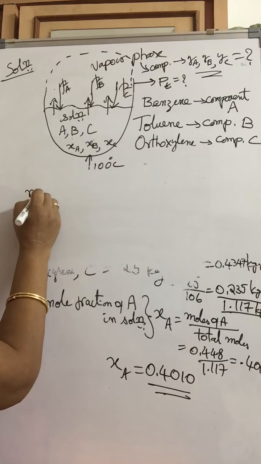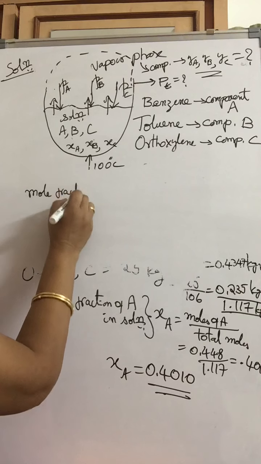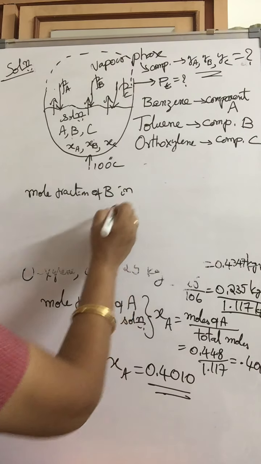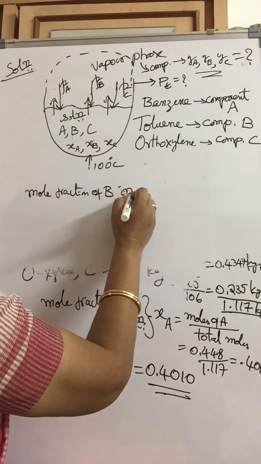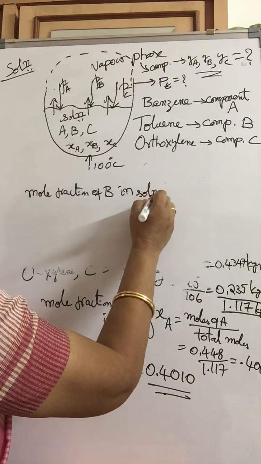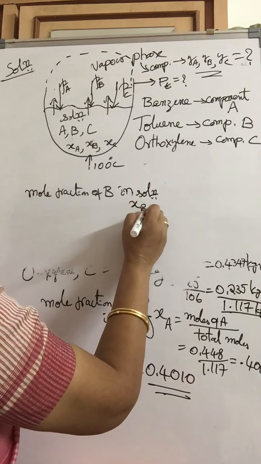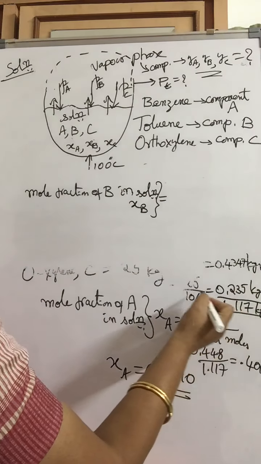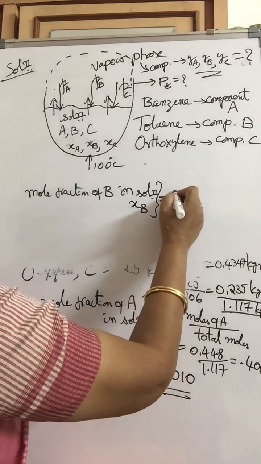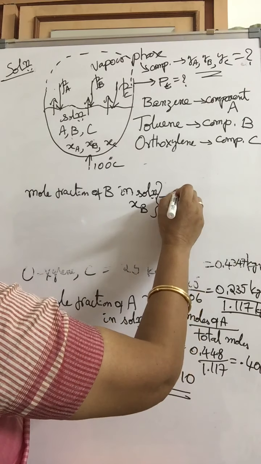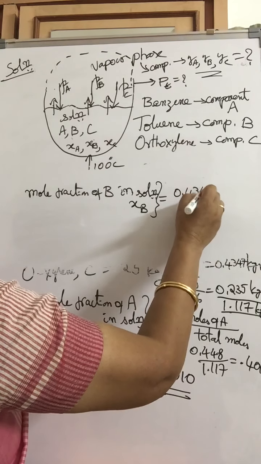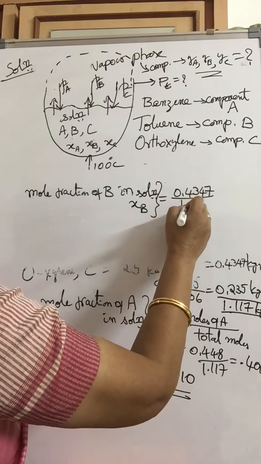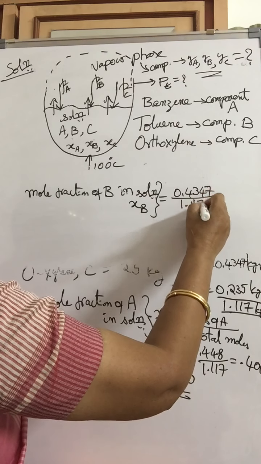Then, the mole fraction of B in solution, given by XB, is equal to moles of B, that is 0.4347, divided by total moles 1.117.